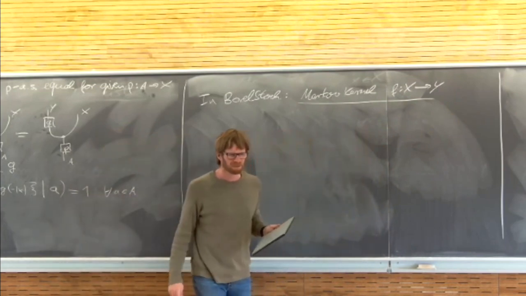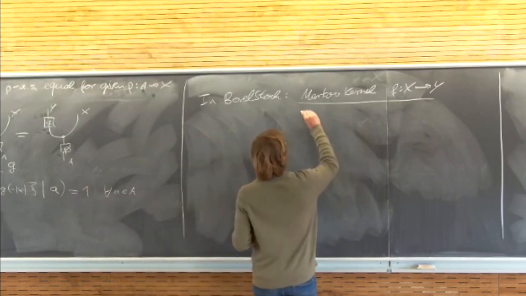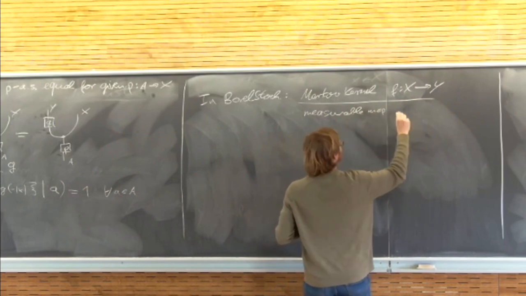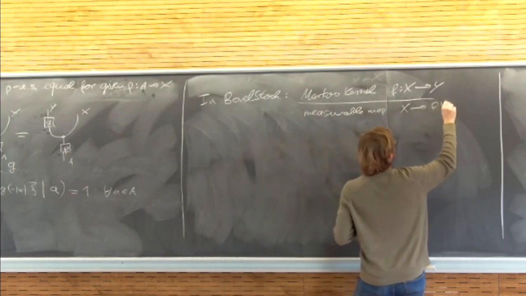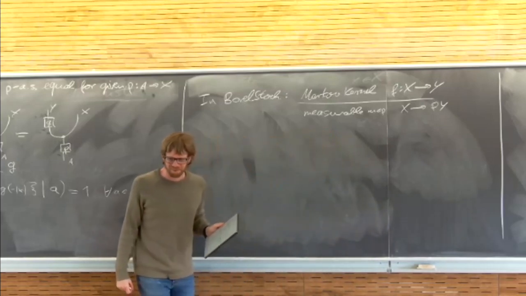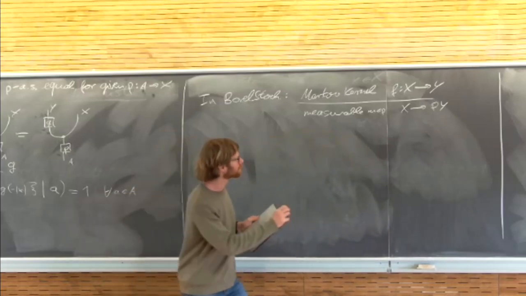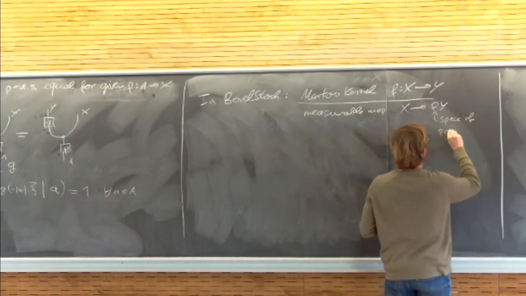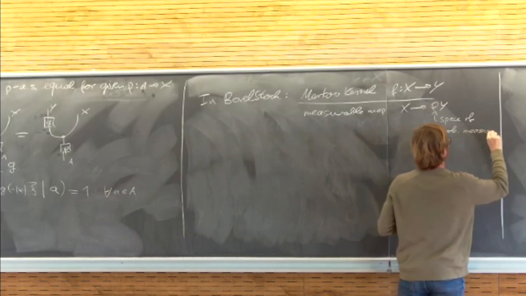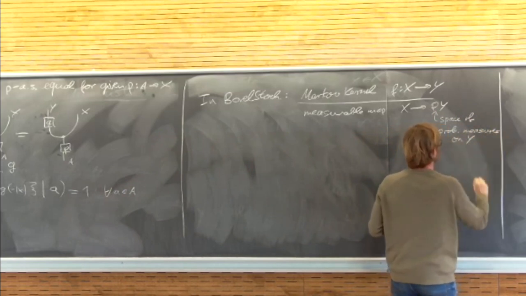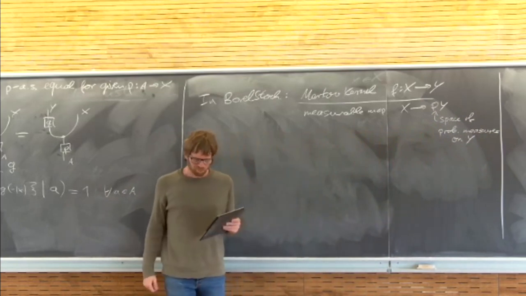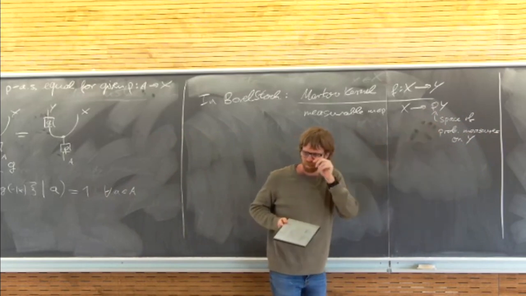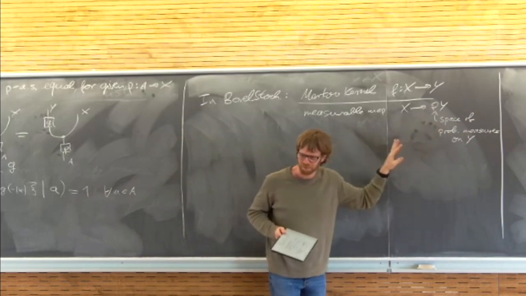A correspondence between Markov kernels like this and measurable maps from X into what we denote by PY, the space of probability measures on Y. This space has a canonical sigma algebra.